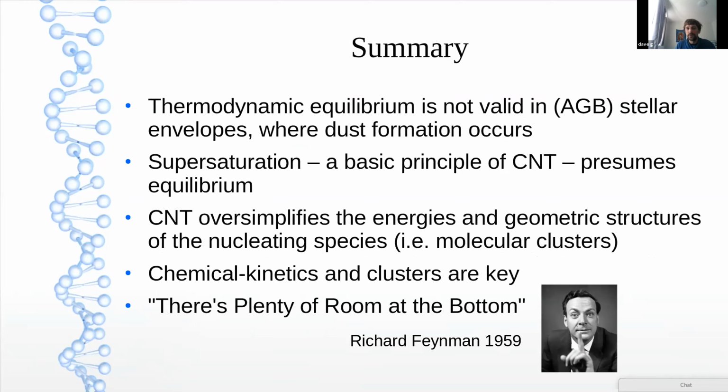The supersaturation, a basic founding principle of classical nucleation theory, assumes equilibrium, and therefore it oversimplifies the energies and geometric structures of the nucleating species, which are said to be molecular clusters. And these molecular clusters, including their chemical reaction rates, are key for understanding dust formation.